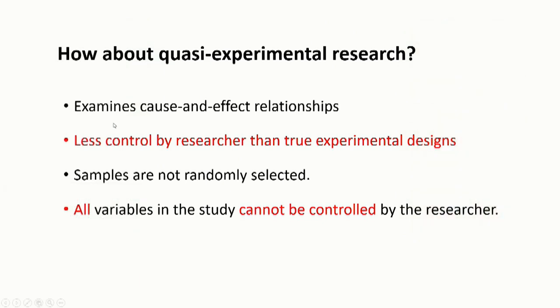And how about quasi-experimental design? Quasi by itself means something less standard than experimental designs, but it still examines cause and effect relationships. But sometimes you are unable to control any control variable, samples are not randomly selected, and all variables cannot be controlled.